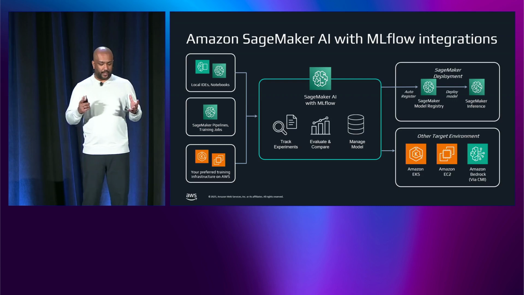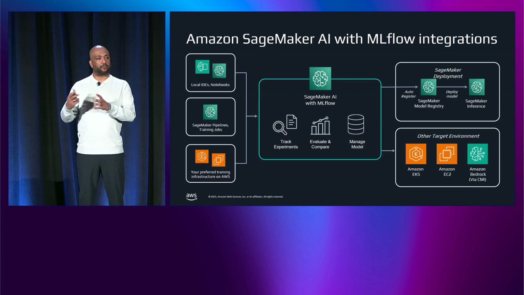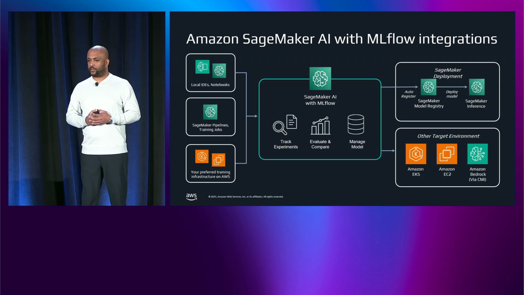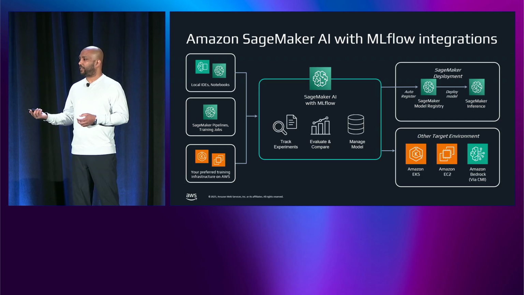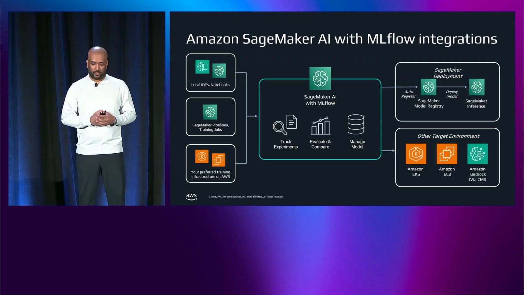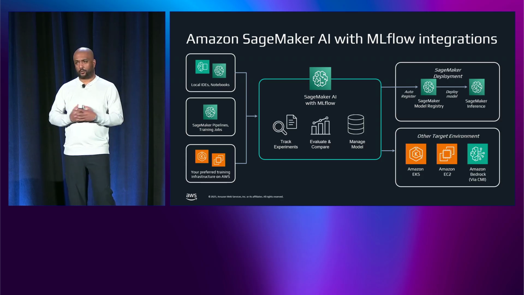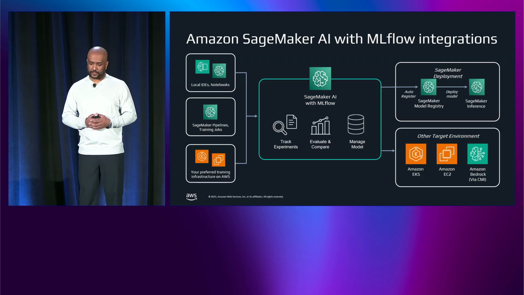You're able to take all that into the SageMaker model registry in your top right, where there's an auto-register capability if you so choose to use that. You're able to automatically register your models from MLflow into SageMaker model registry, and then from there deploy using SageMaker Inference. Or you could also deploy these to other target environments.